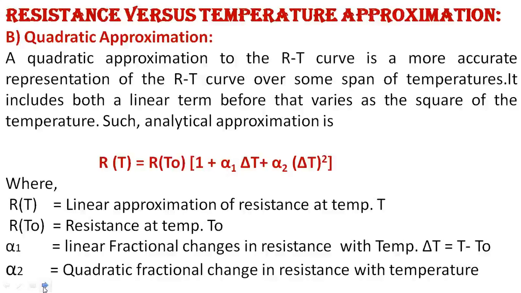Here RT is the approximation of resistance at temperature T, RT0 is the resistance at temperature T0, alpha 1 is the linear fractional change in resistance with temperature, del T is equal to T minus T0. Alpha 2 is the quadratic fractional change in resistance with temperature.